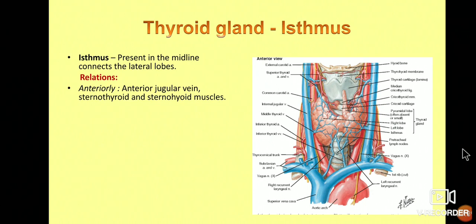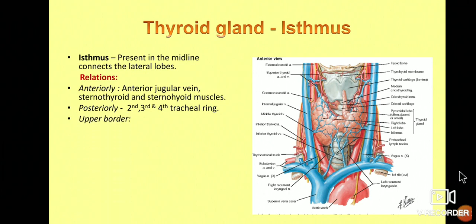The lower border shows the commencement of the inferior thyroid vein, and sometimes an occasional artery, the arteria thyroidea ima, if present, is also related to the inferior border.